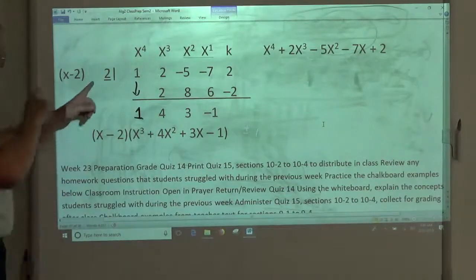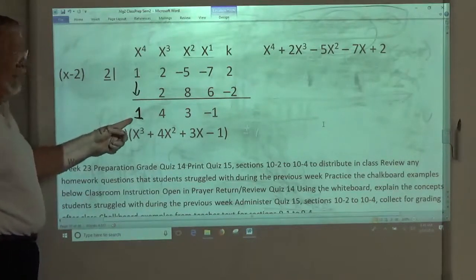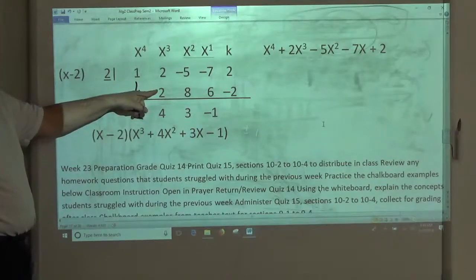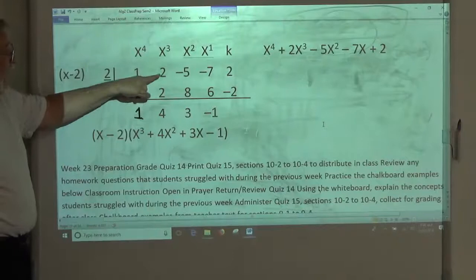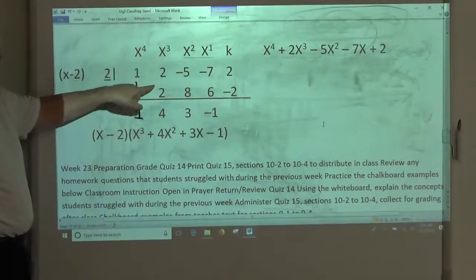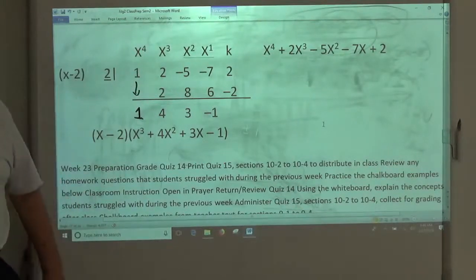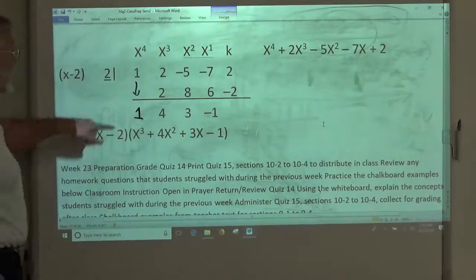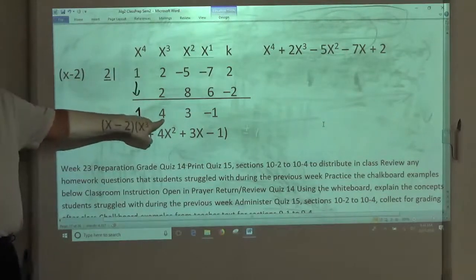So, what is 2 times 1? 2. Put it right there. Now, add. Remember what we did in long division, where we multiplied by the negative and then added? That's what we're doing now. So add these two and get 4.